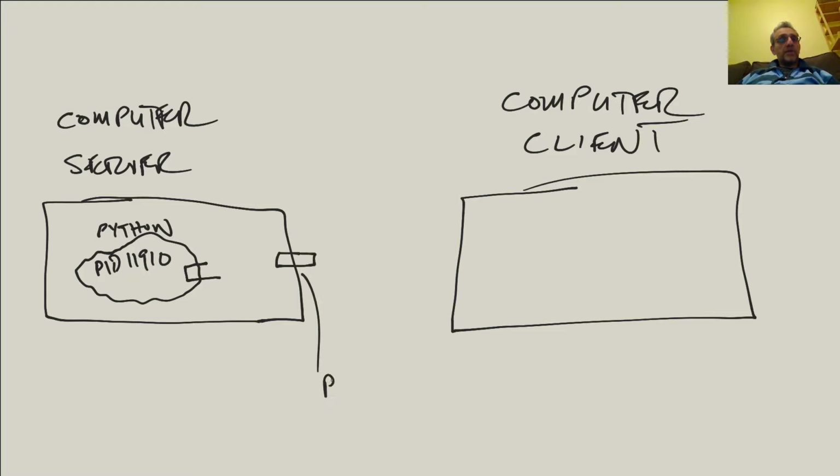This is port 5555. But that's on the computer. That's not the Python program. So right now what we've done is we're listening on that guy. But it's not a connection yet because there's no other end to it. All right? So we're simply listening at this point.